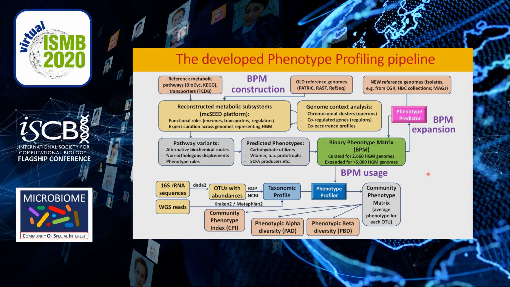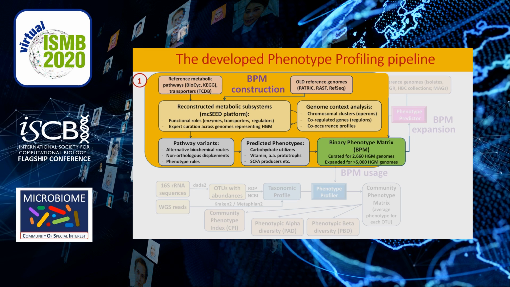And the third is BPM usage. We developed the Phenotype Profiler tool, which uses a taxonomic profile obtained from 16S or WGS metagenomic samples in order to calculate community phenotype index and phenotype alpha diversity and beta diversity metrics describing phenotypic capabilities of real metagenomic samples.